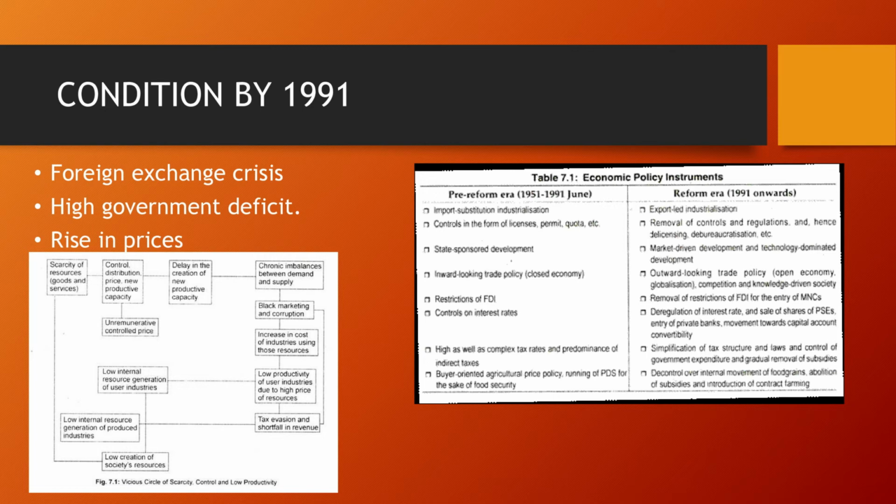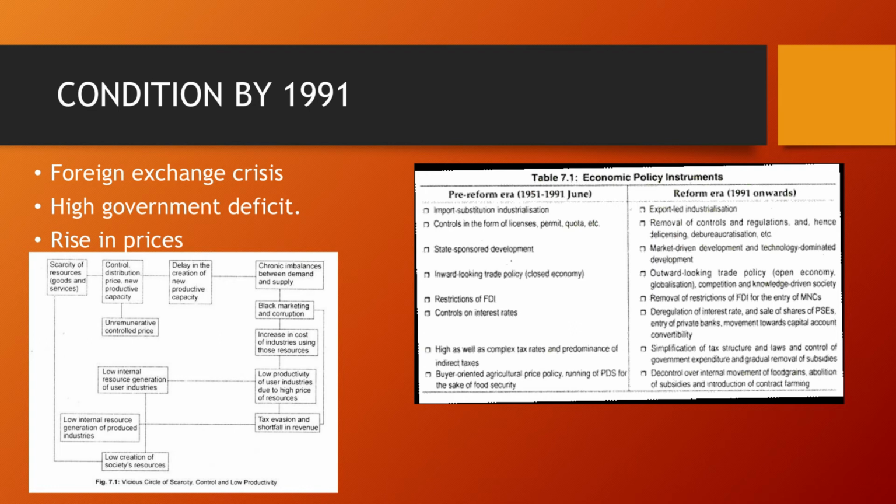And he thought that we could slowly and steadily come to a development stage. But it did not so happen. And by 1991, the condition was as follows. There was a crisis with respect to foreign exchange. There was a lot of deficit in the government, and of course there was a rise in prices.